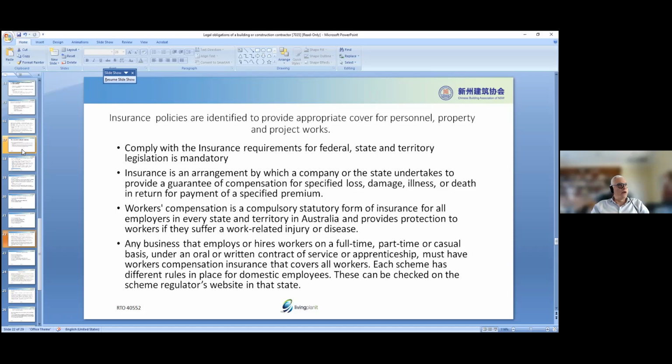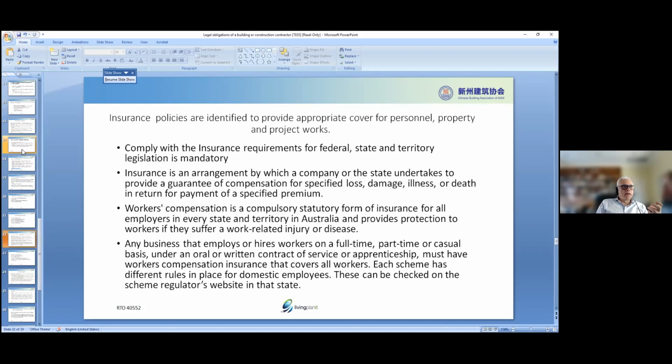We don't have to have home insurance. But we do, because we know that if we don't and something happens, we're going to lose a lot of money. The ones that we must have by law are things like workers' compensation and public liability. So we have to make sure that we have those insurances in place.